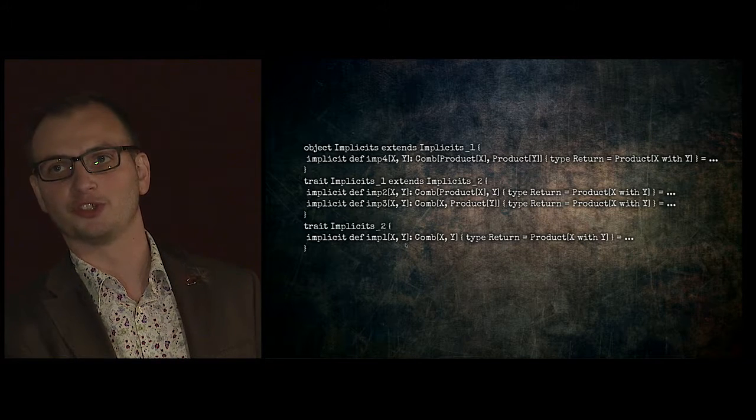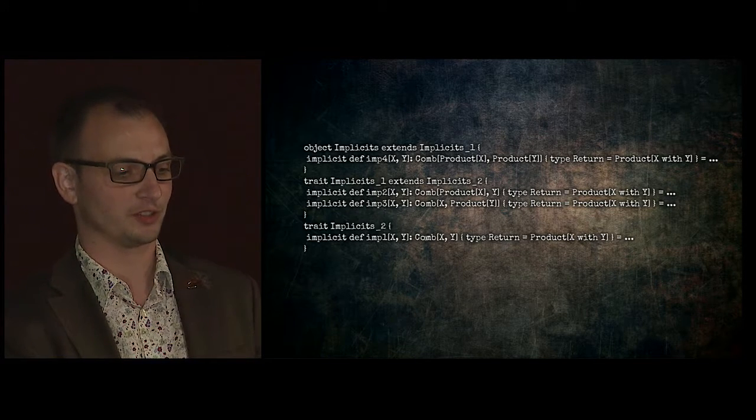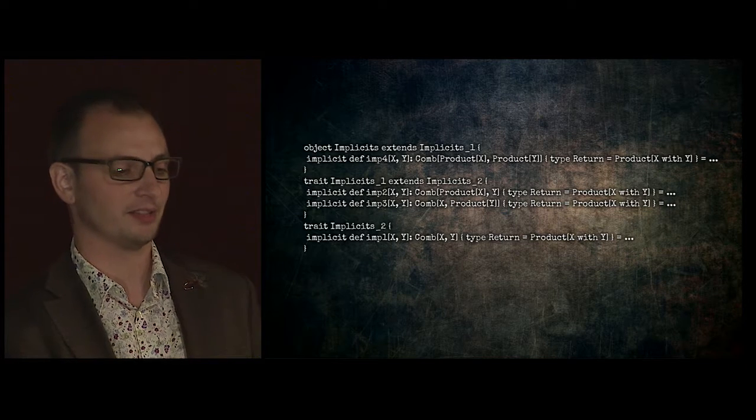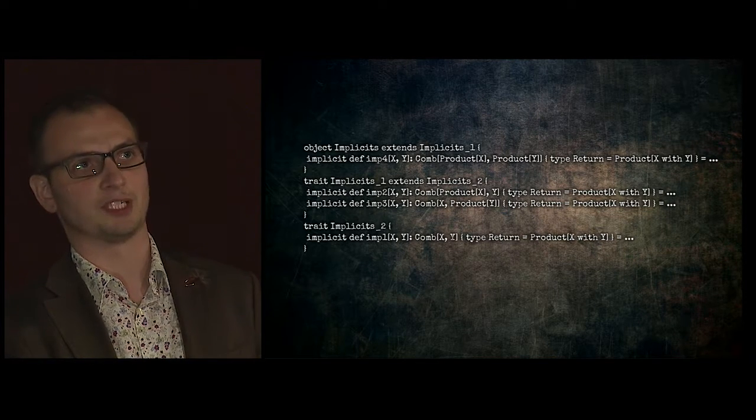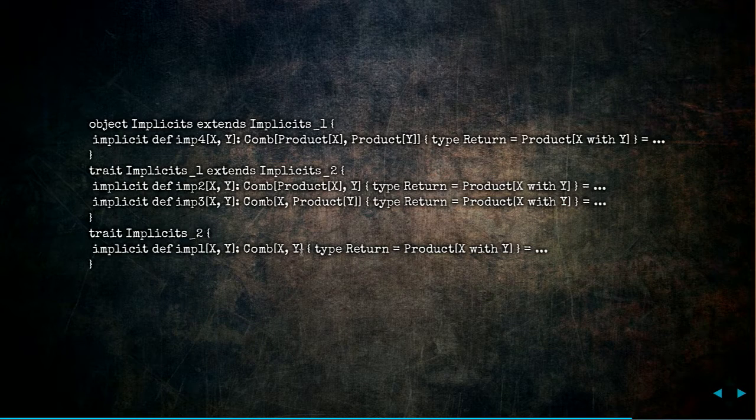Failing that, we go to the most general version. So this will always resolve if we're looking for a comb of two things. This may be the most specific thing that resolves, but this is what we get. And by virtue of grabbing that implicit, by virtue of the refined type here, return equals product of x with y, we're using the compiler to derive the return type from our method.